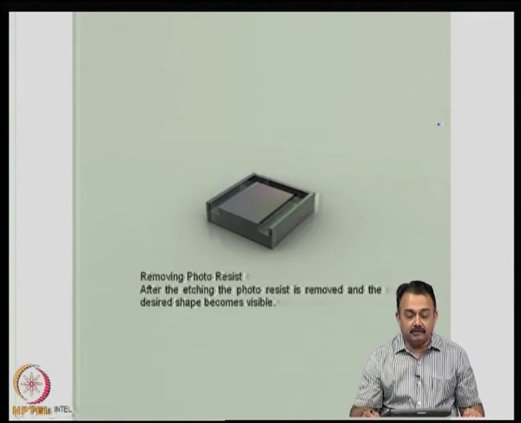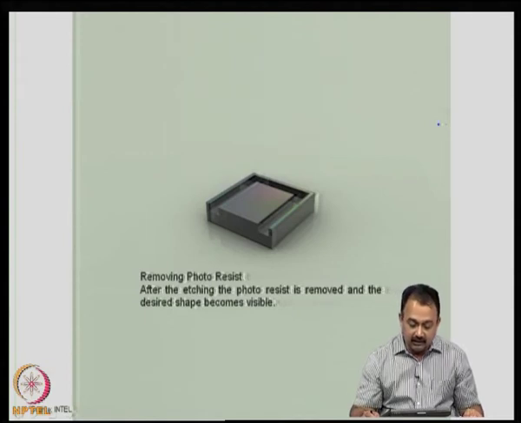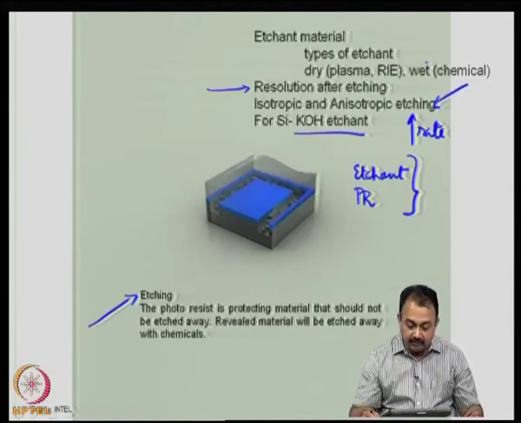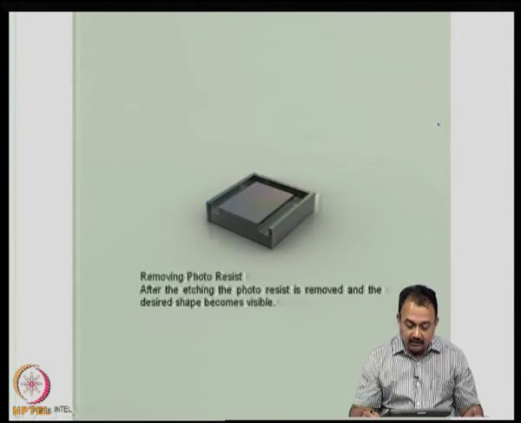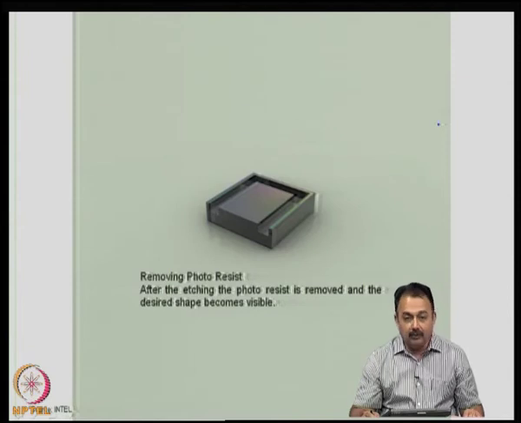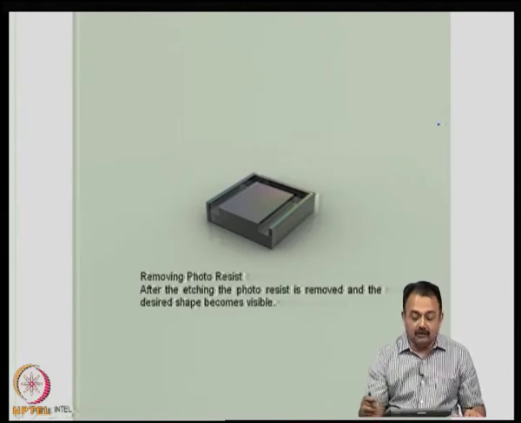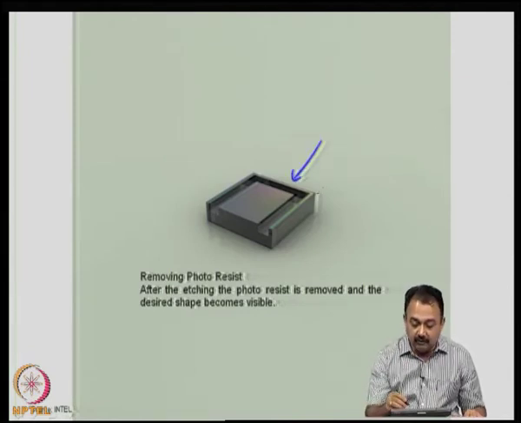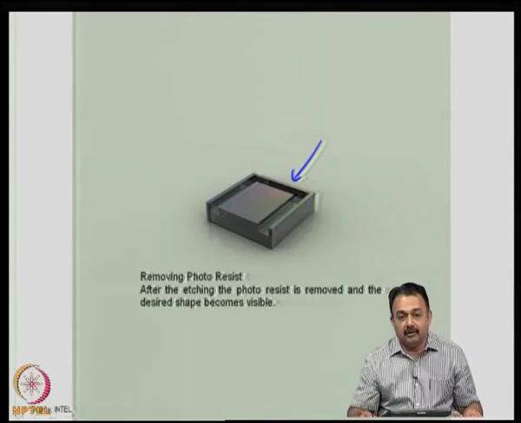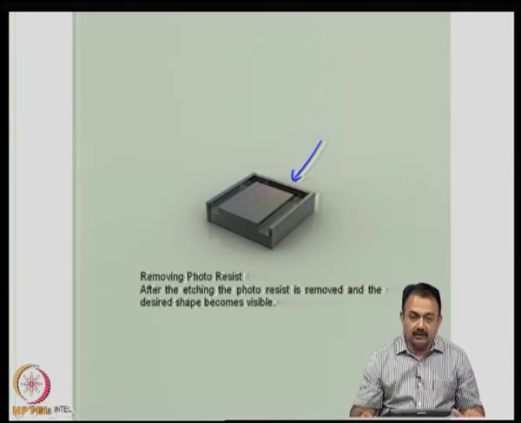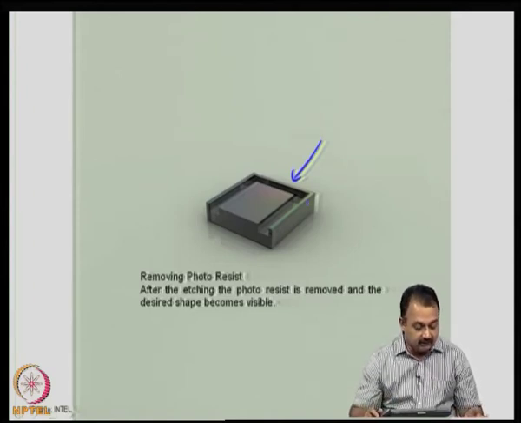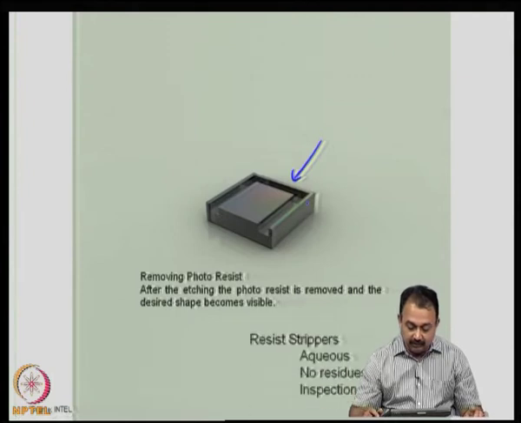Now, after the etch process is done, as you can see, material has been removed. If you compare the previous one and this one, you can see certain blocks of the material have been removed. Now, you can remove the original photoresist material. You can see that the blue layer is removed here. So, the desired shape is now visible and this step is now complete, that is the first level imaging is now complete.